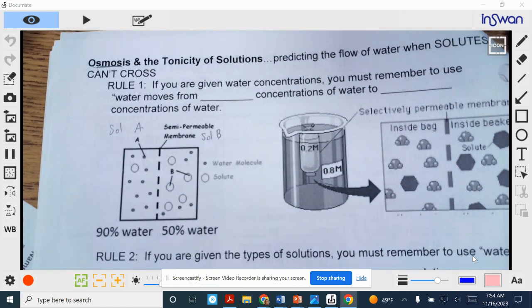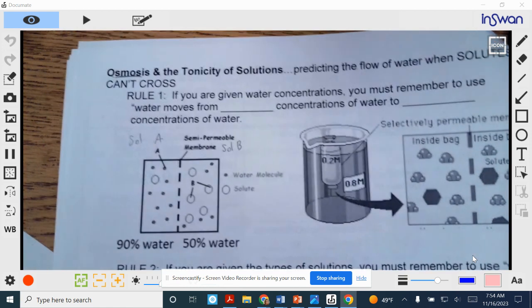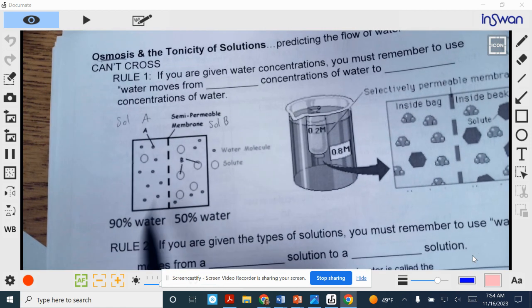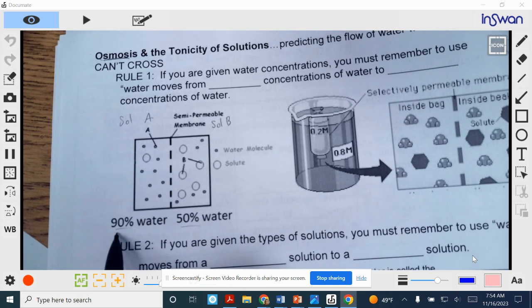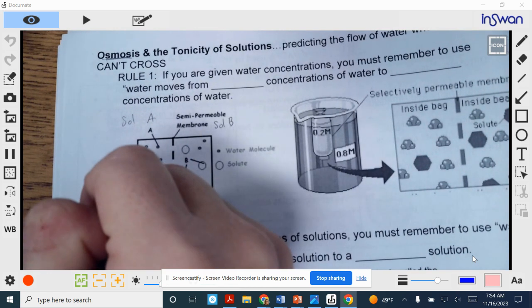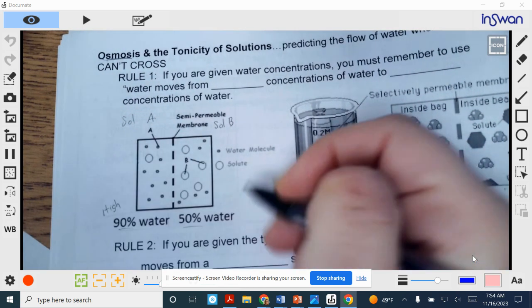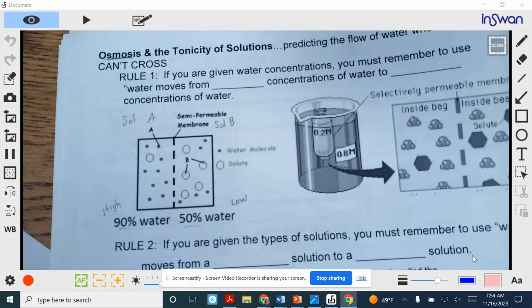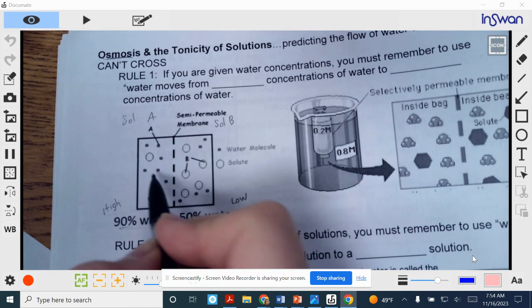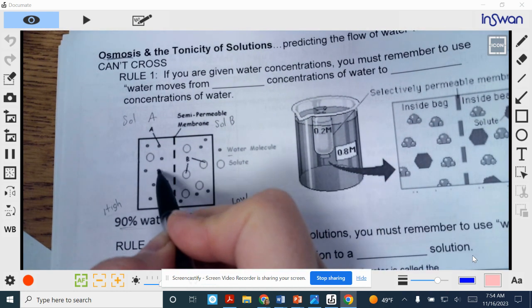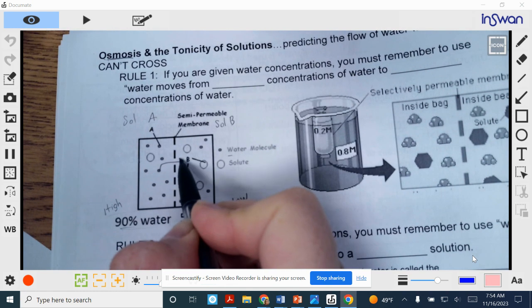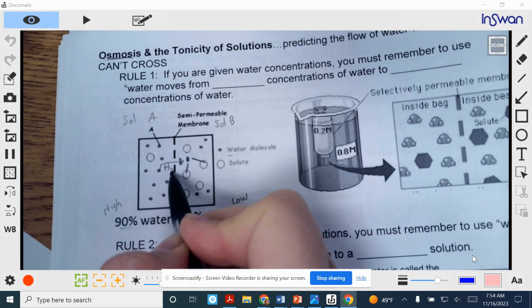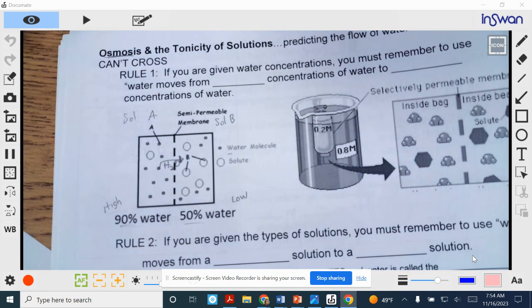If I asked you to predict which way water is going to move, you would use this rule, because I'm just giving you water percents. This is a high concentration of water, and to this side, the solution has a lower concentration of water. So the water molecules, which are these small dots in this case, would go this way. We would have a net flow of water. Let's indicate that arrow as the movement of water, okay?